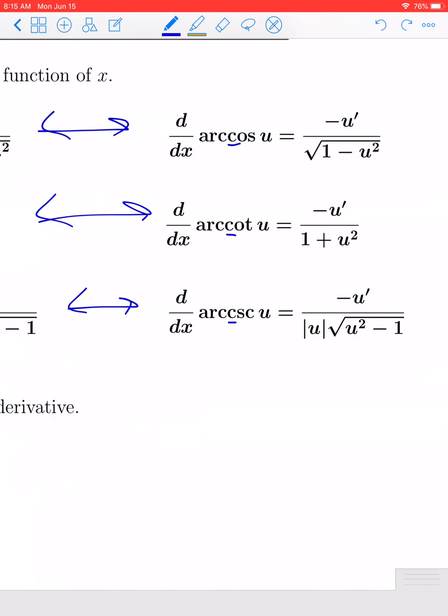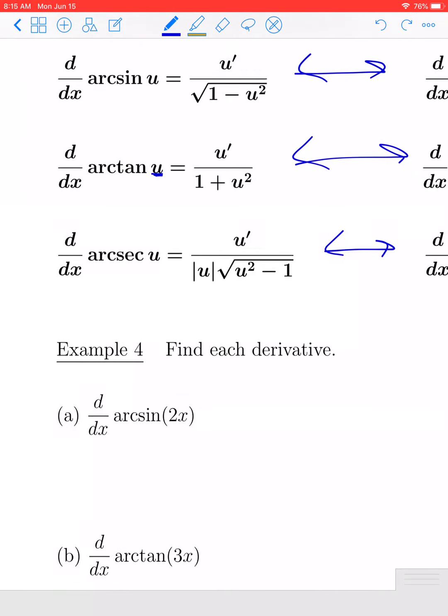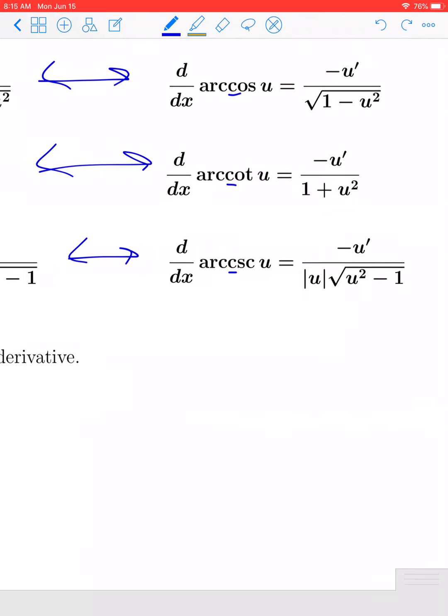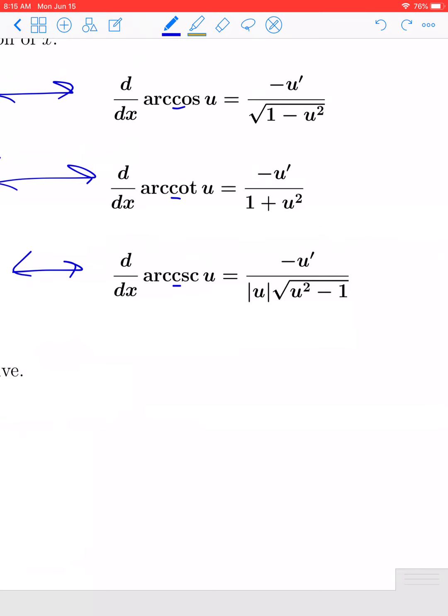Derivative of arc cotangent is negative 1 over 1 plus u squared times u prime. For the derivative of the arc secant of u, it's 1 divided by the absolute value of u times the square root of u squared minus 1, times u prime. And the derivative of the arc cosecant of u is the negative of 1 over the absolute value of u times the square root of u squared minus 1, times u prime.